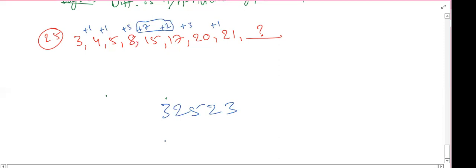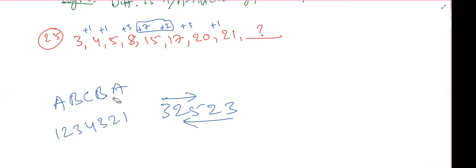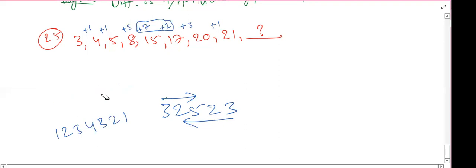Even if you write left to right or right to left, it will be the same. A, B, C, B, A. It's a palindrome. 1, 2, 3, 4, 3, 2, 1. It's a palindrome. Then I am thinking like a palindrome, sir.